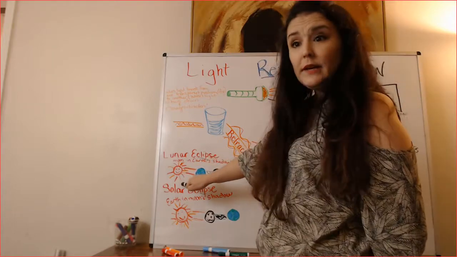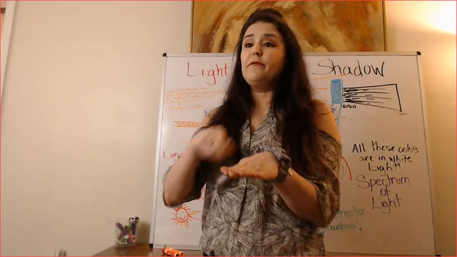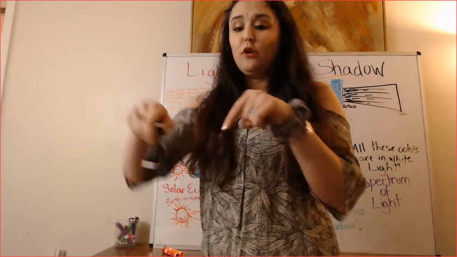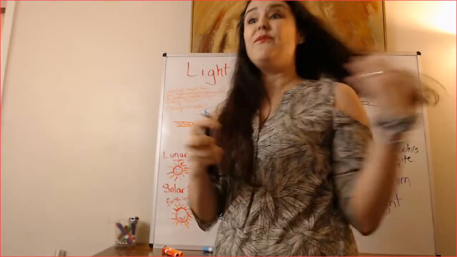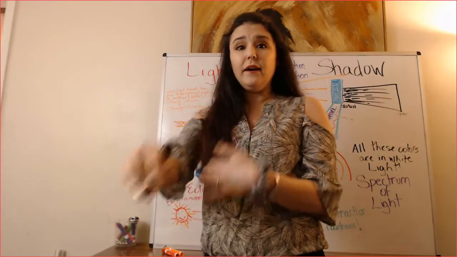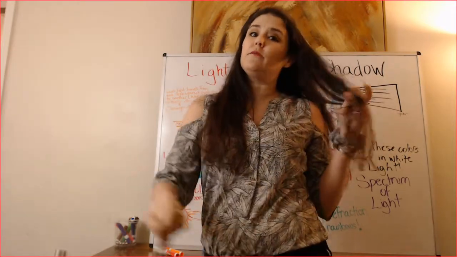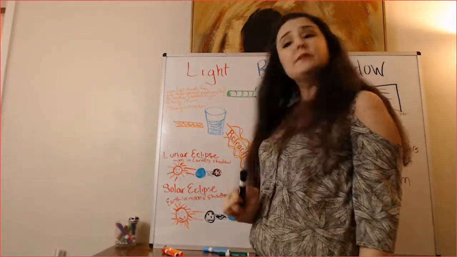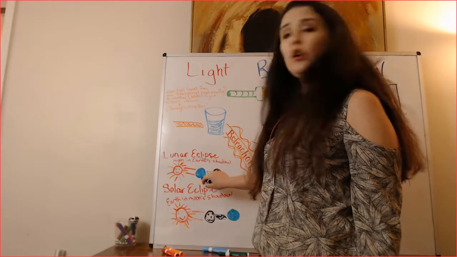A lunar eclipse, remember when we talked about how the earth revolves around the sun and the moon revolves around the earth? Okay, so there's very special times where, because of where they are in their orbit, remember, the orbit is just the path they take to revolve around the sun or around the earth, they line up just right so that in a lunar eclipse, the moon falls in the earth's shadow.